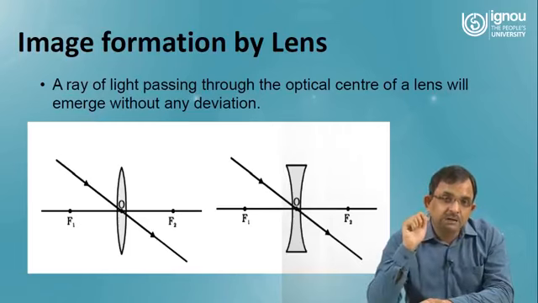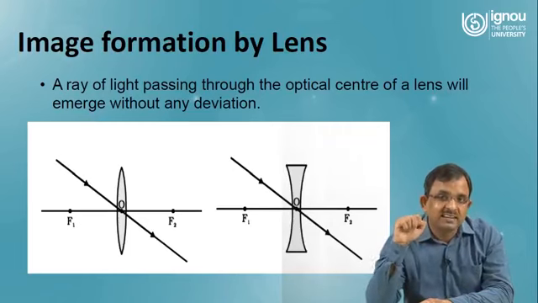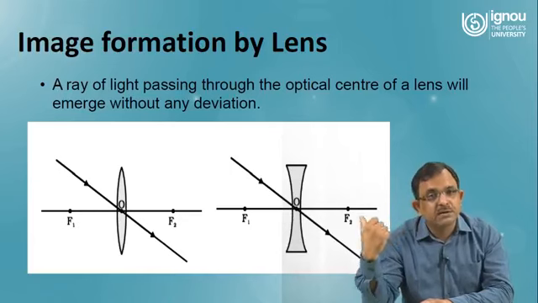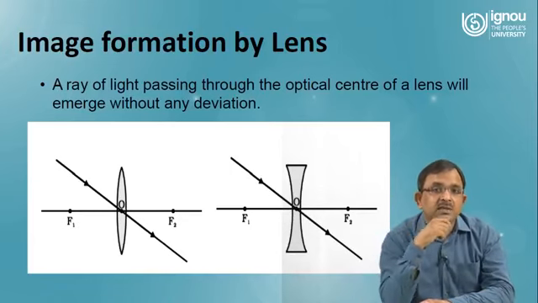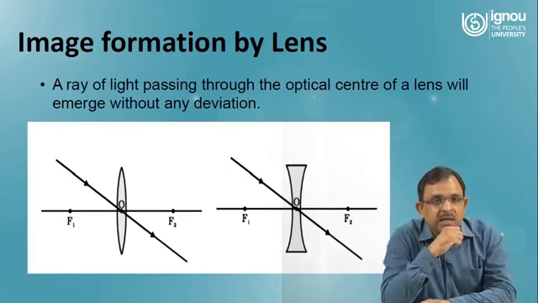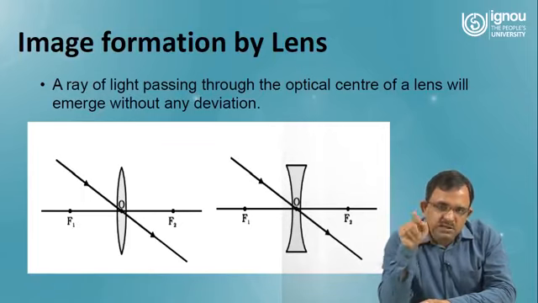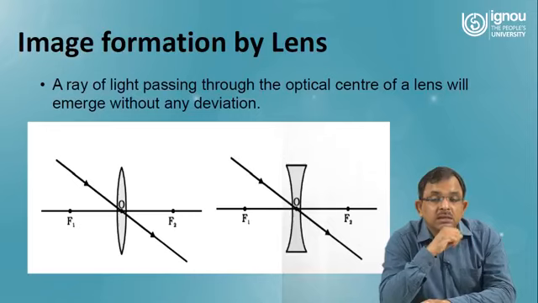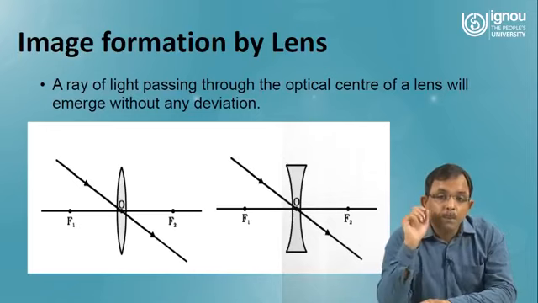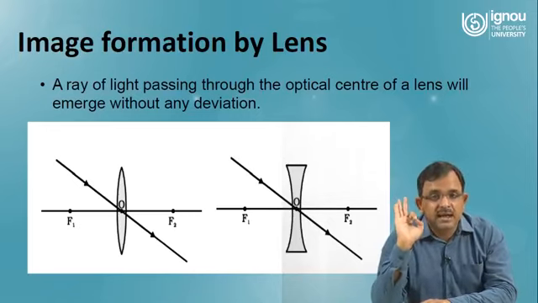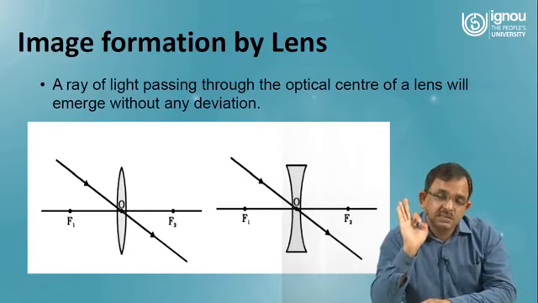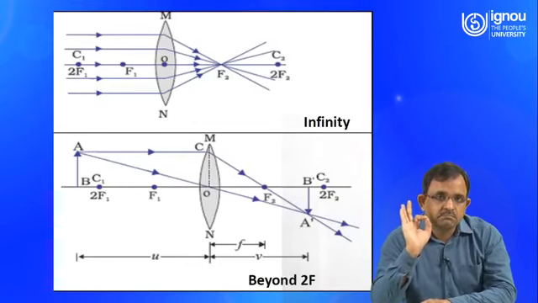And if a ray of light passes through the optical center of the lens O, it will emerge along the same line without any deviation. So, if you introduce these three things to your students, they will be able to make the correct ray diagram of the image formed by the lens.